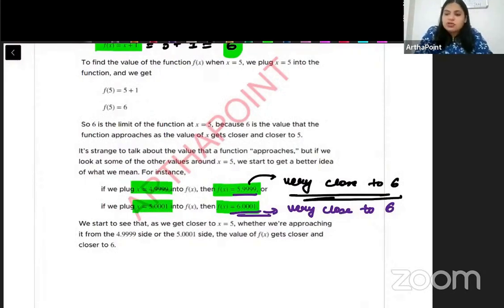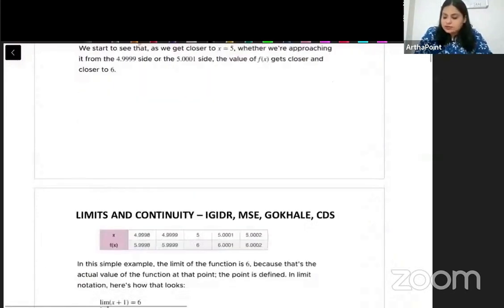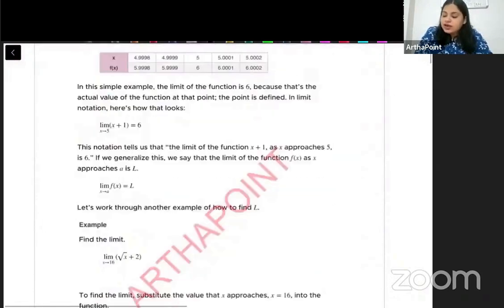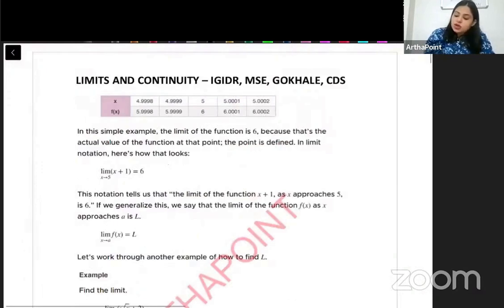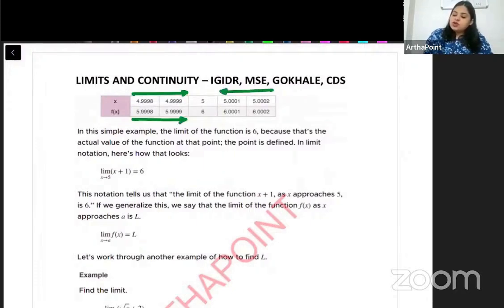Does it approach a particular value? That is what we are asking. Here I have taken different values of x, beta. This is x approaching closer and closer to 5, so you notice the function approaches closer and closer to 6. Here also x approaches closer and closer to 5, so the function approaches closer and closer to 6.